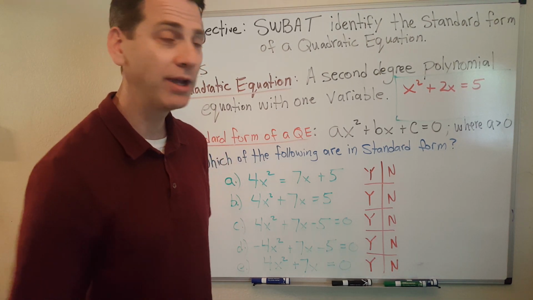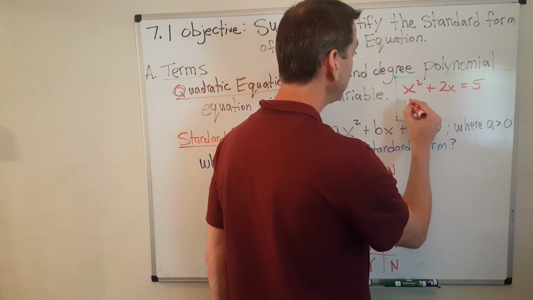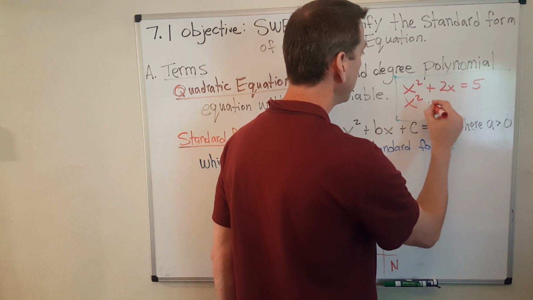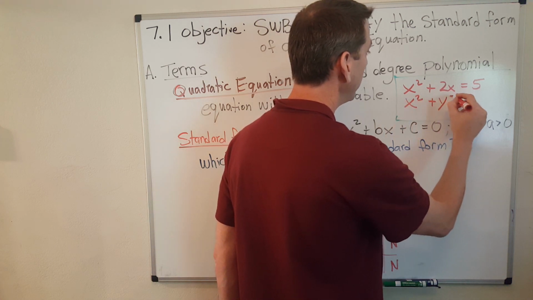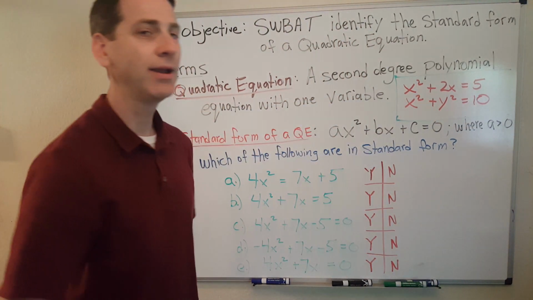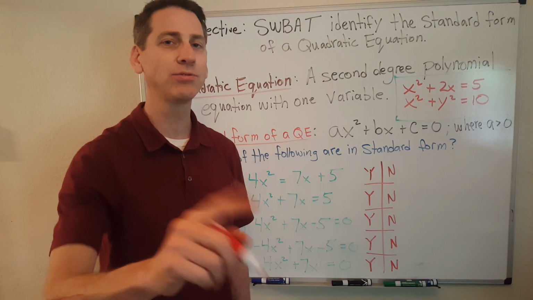All right, let's try another one. Let's see if we went like this: x squared plus y squared equals 10. Okay, pause the video. See if you can think, is that a quadratic equation, yes or no?